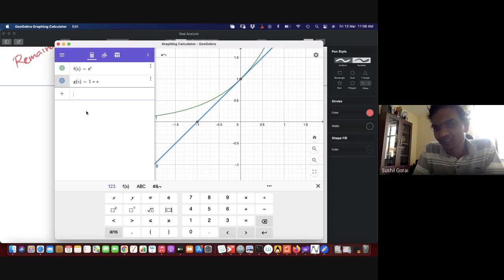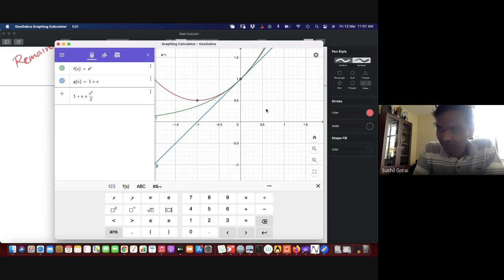All right. Now let's add more terms. So 1 plus x plus x squared by 2, right? Is it true?